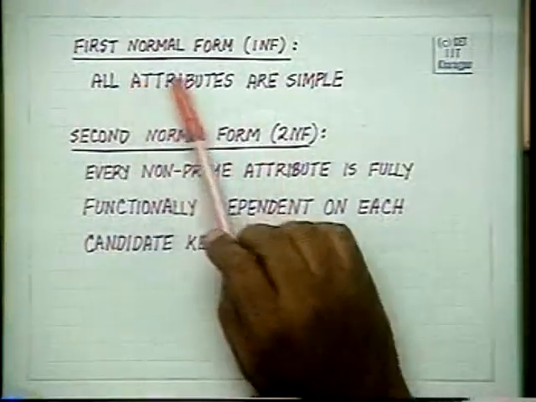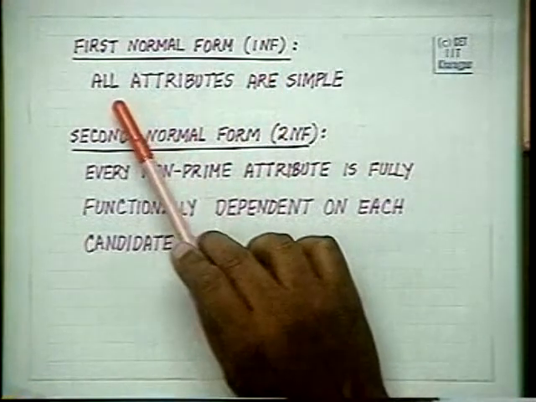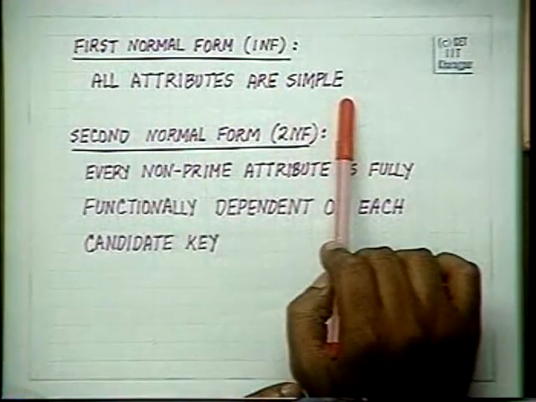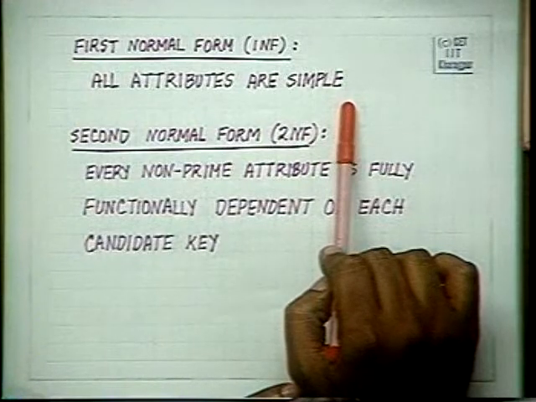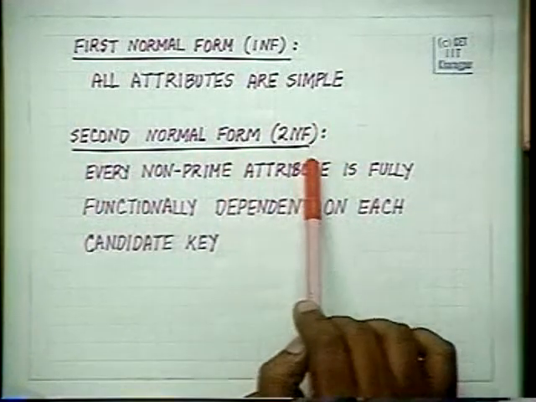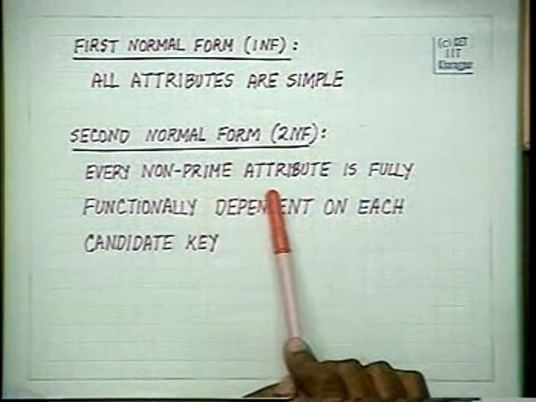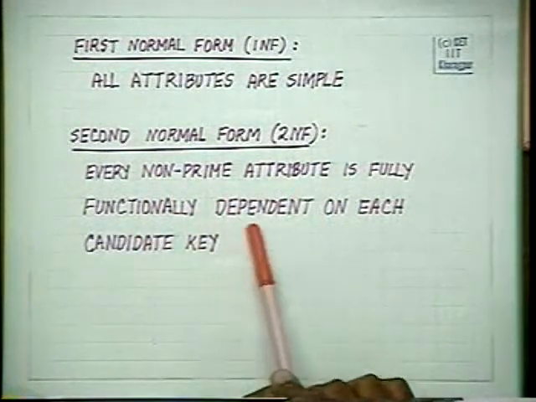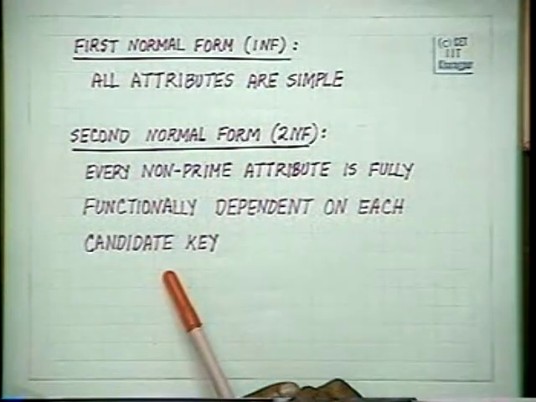A quick review of the normal forms. The first normal form says that all the attributes are simple, there are no nested attributes in an attribute set. The second normal form says that every non-prime attribute is fully functionally dependent on each candidate key.